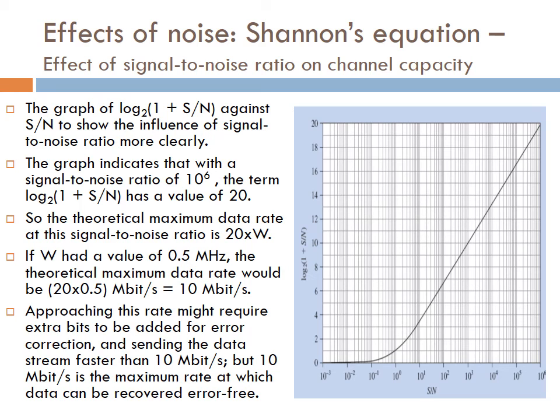Log base 2 of 1 plus SNR can be expressed as a function of S divided by N in the following figure. So this is a logarithmic scale of signal to noise ratio plus 1, which could be either read from the curve or calculated using a scientific calculator.